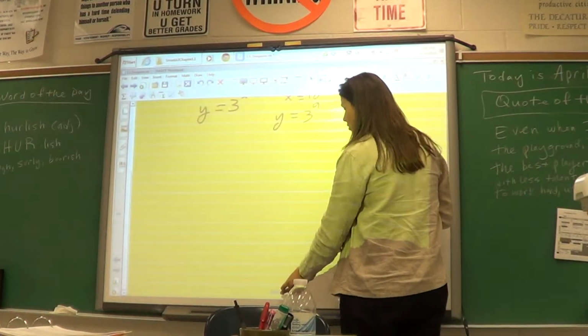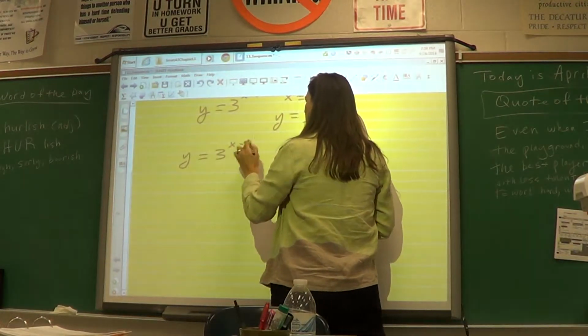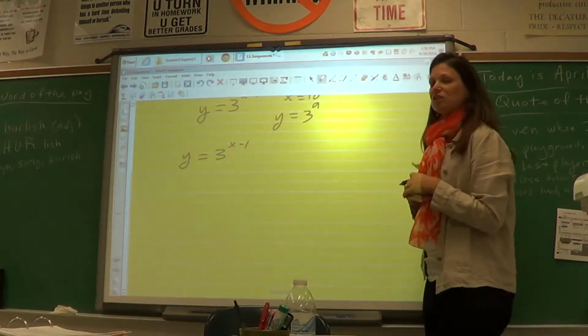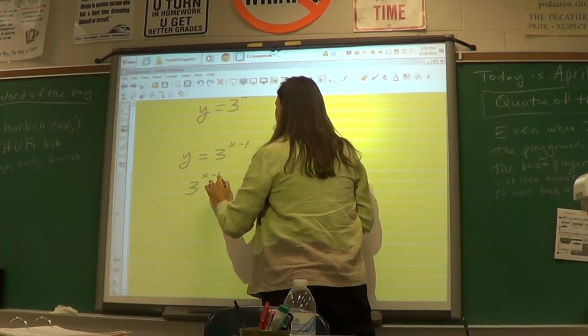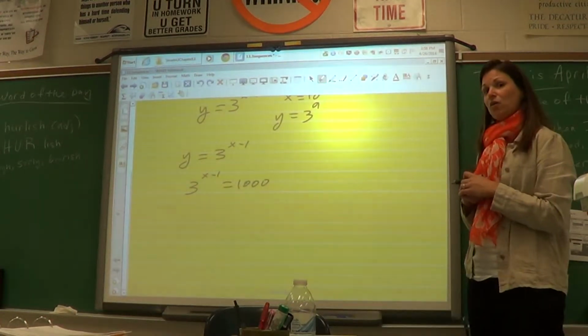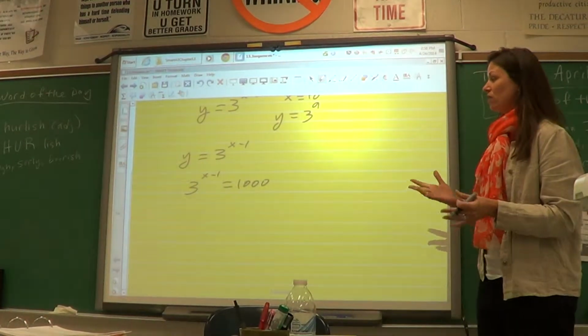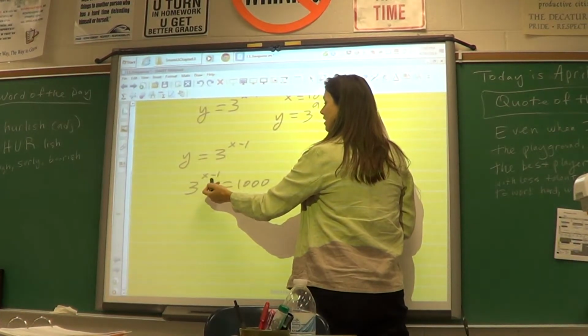So if I had a model such as this model, and I wanted to know when it is going to reach 1,000, I would take my equation and set it equal to 1,000. Now, when I go to solve this equation, it is going to be tricky because I have a variable in the exponent.